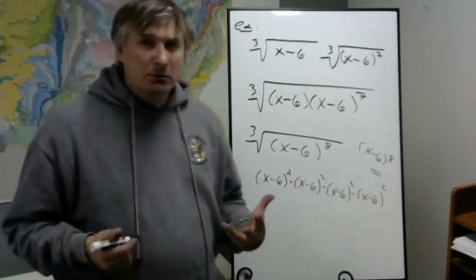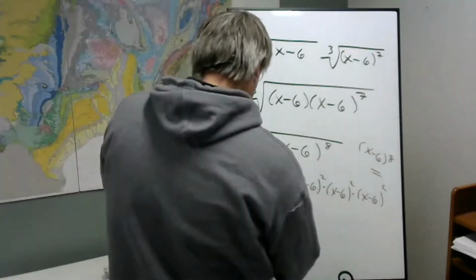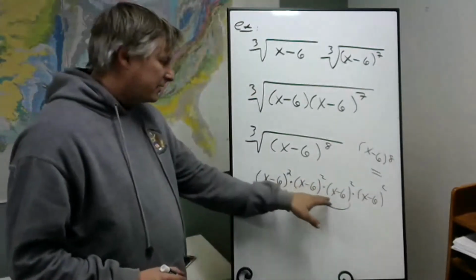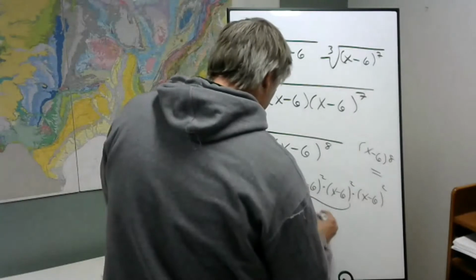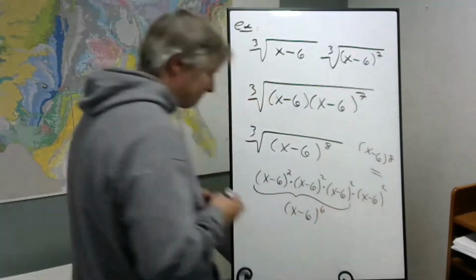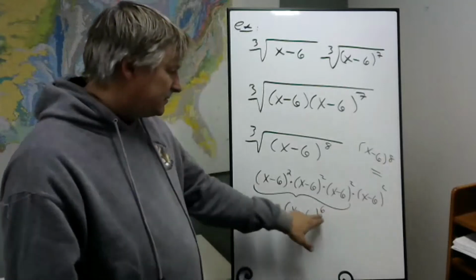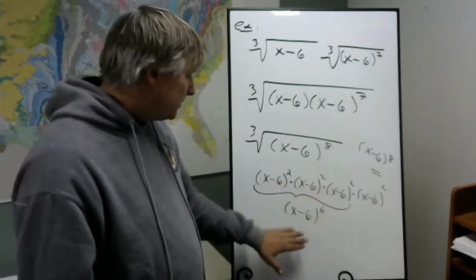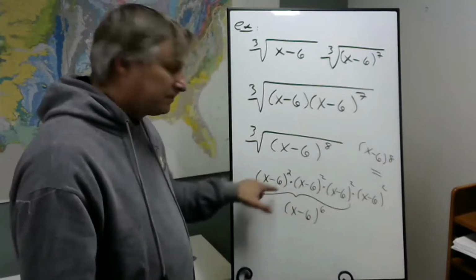We're looking for a cube root. Well, what we can do is this. These right here will multiply to give us x minus 6 to the 6th. And clearly, because x minus 6 to the 6th has 1, 2, 3 of these, well, then the cube root of this is going to be this.